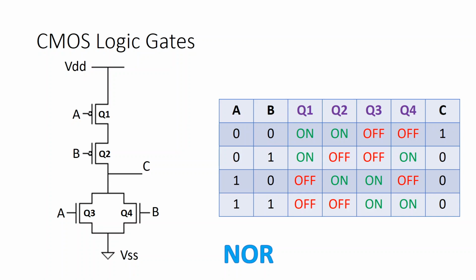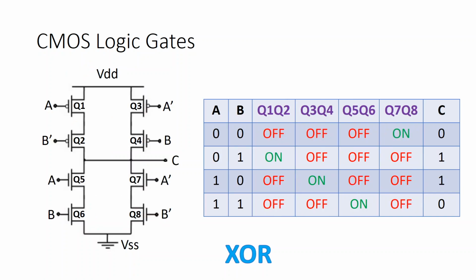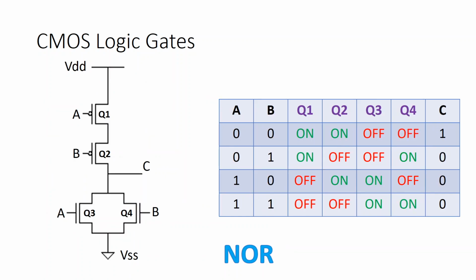Now what about AND gate and OR gate? So you know that AND is basically NOT of NAND and OR is NOT of NOR. We have already studied NOT gate, NAND gate, NOR gate.